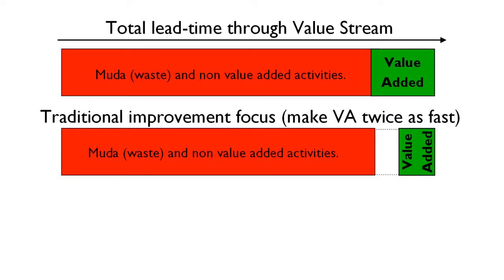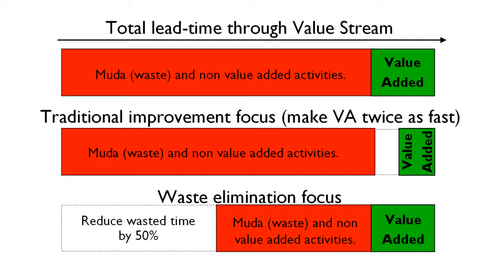In other words, as an example, they work to save a few seconds or minutes of machine cycle time in order to reduce the overall lead time. And while this isn't necessarily bad, there's far more opportunity in reducing the waste in the process first before worrying about improving the value-added steps.